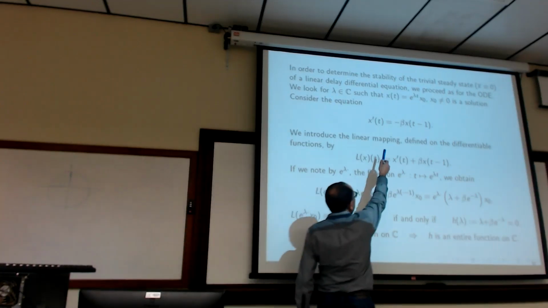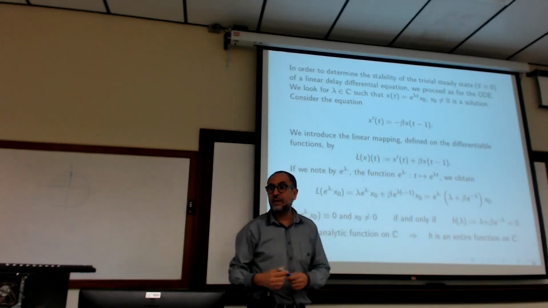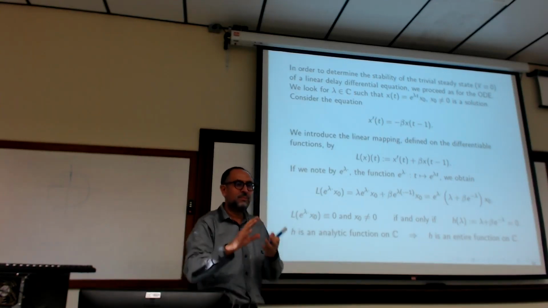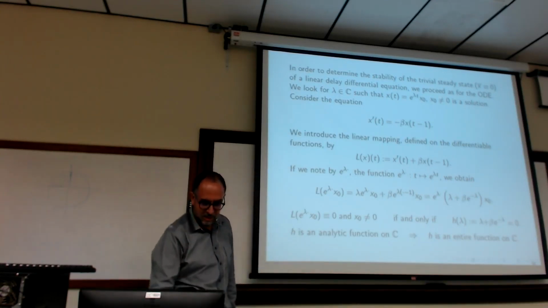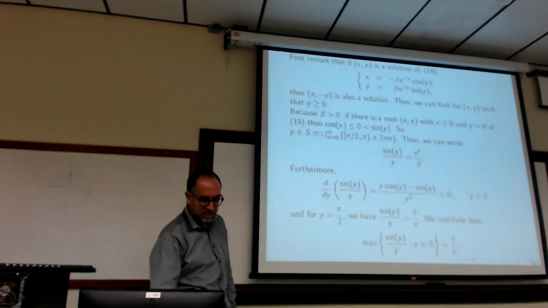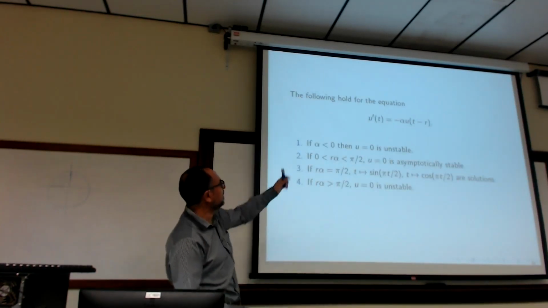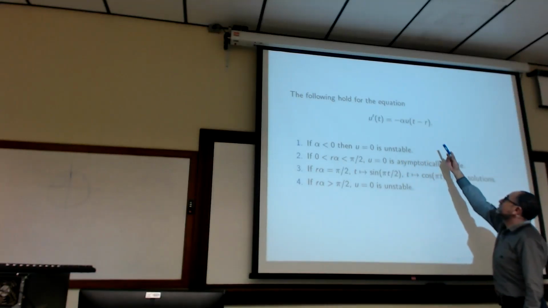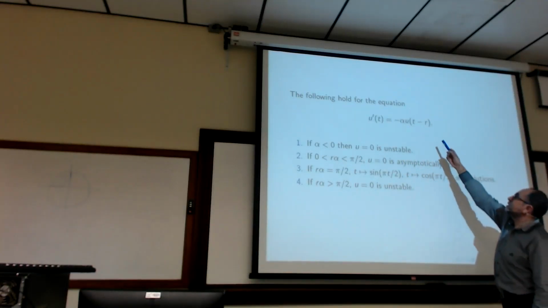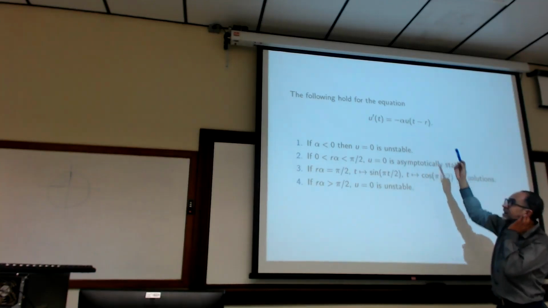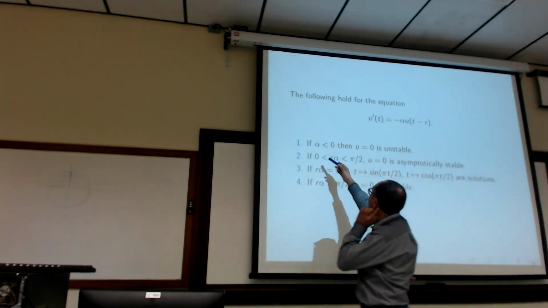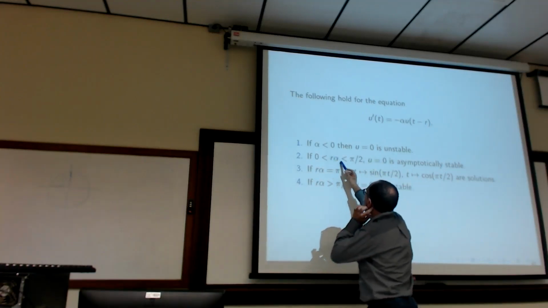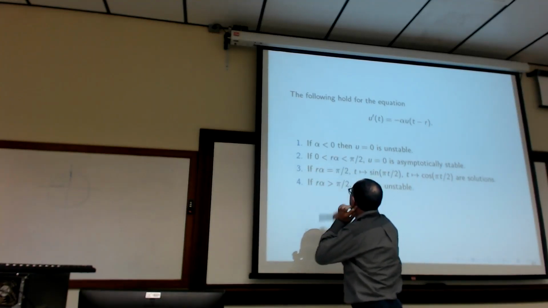We proved it for this equation, but as I already told you, we can pass from one to another by change of parameters. We do it quickly, and we can generate another result for this one. If we take here, instead of 1, take r. Delay, you have the same. If alpha is negative, u is unstable. Now, instead of beta, it is r alpha.